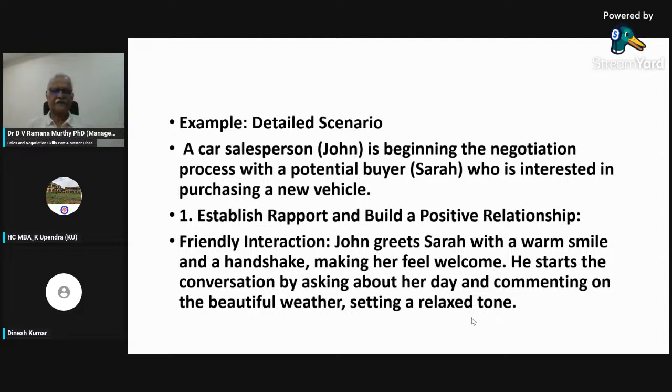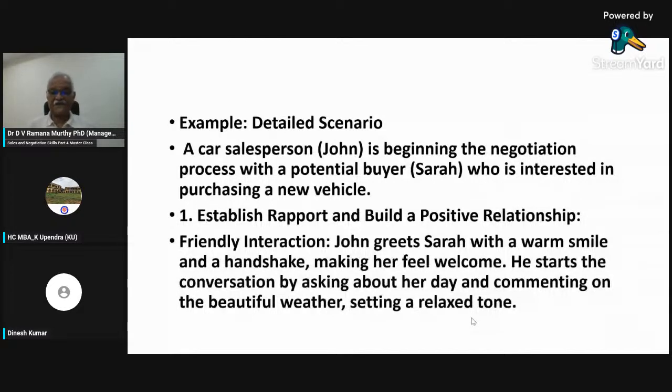The first step is establishing rapport and building a positive relationship. What we said: open with a friendly interaction. So now the salesperson John greets Sarah with a warm smile and handshake, making her feel welcome.